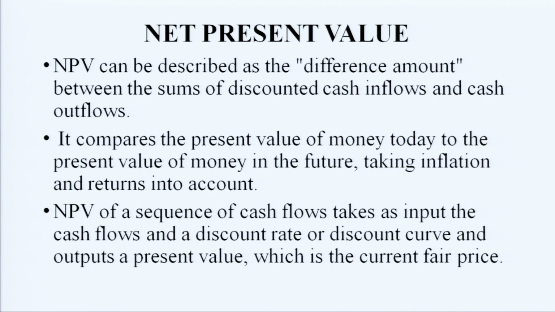NPV of a sequence of cash flow takes as input the cash flow and a discount rate or discount curve and outputs a present value, which is the current fair price.